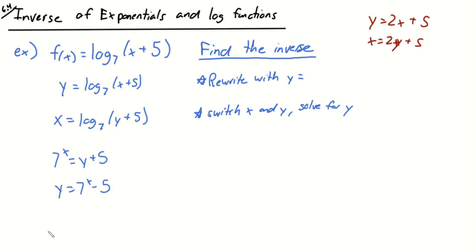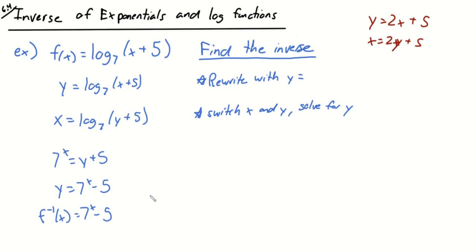How do I denote that this is an inverse? If it was f of x, the inverse of it is f inverse of x. Now, how do I verify that my inverse is truly an inverse?